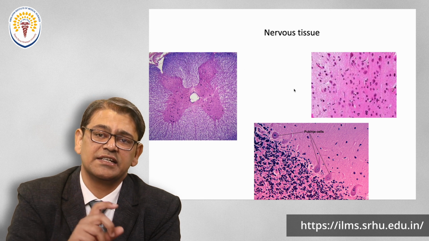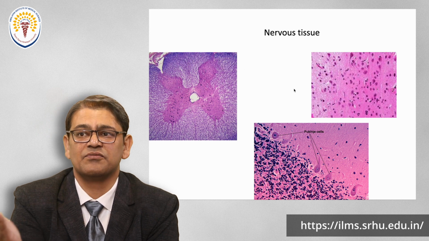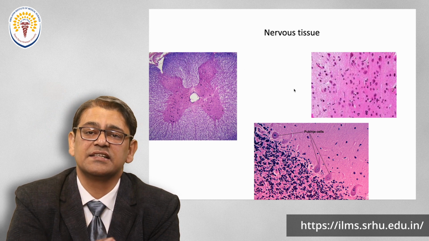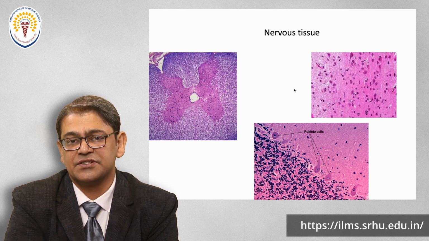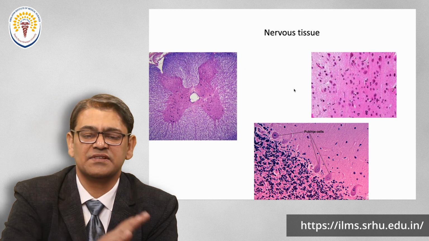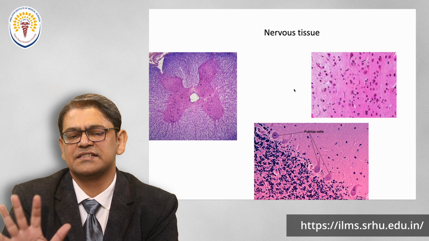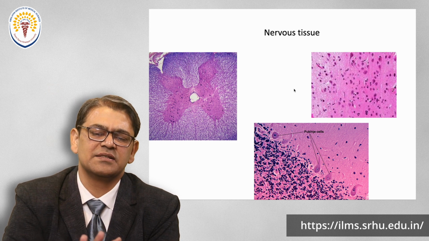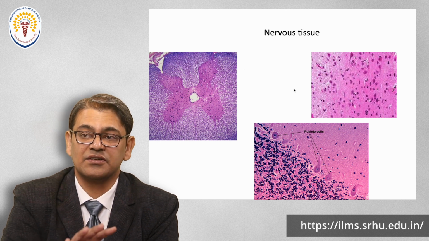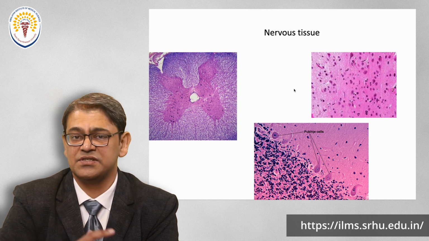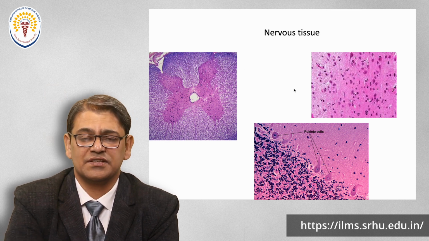This fat is hydrophobic, and our H&E dyes are water-based dyes. So when we are staining the nervous tissue, the dyes are unable to go deep and make it more differentiable. Rather, many structures look the same. That is why under H&E it is not advisable to go into the depth of brain histology. Rather, go for special staining, and then you can see various layers in the histology of nervous tissue.